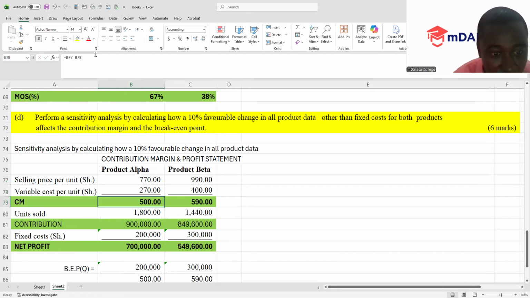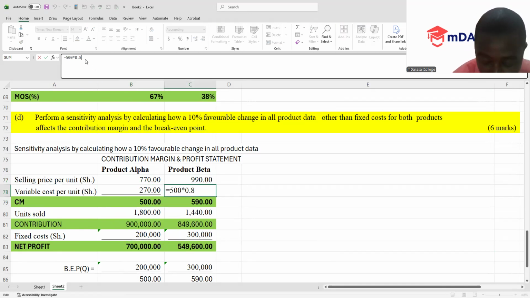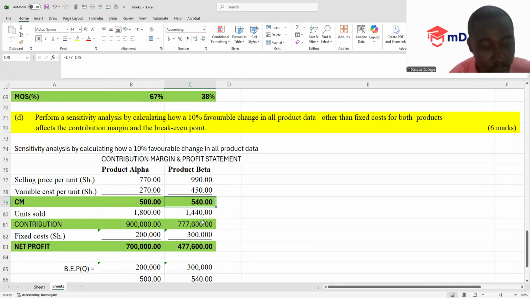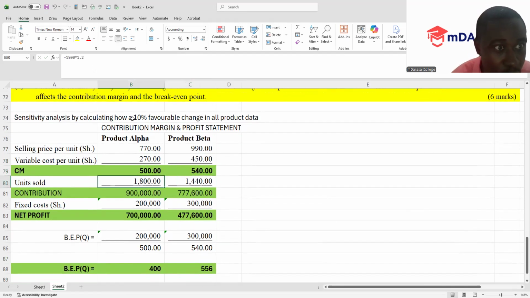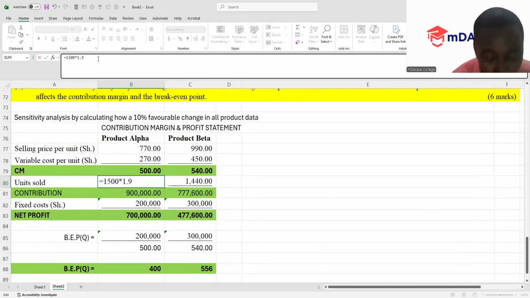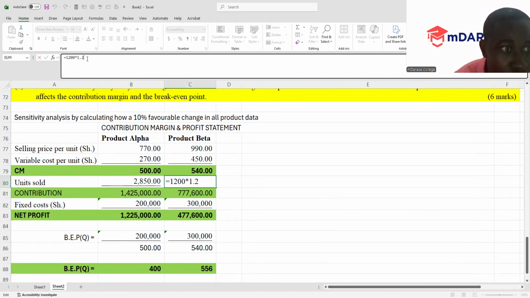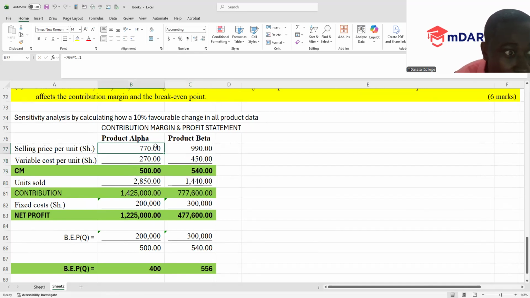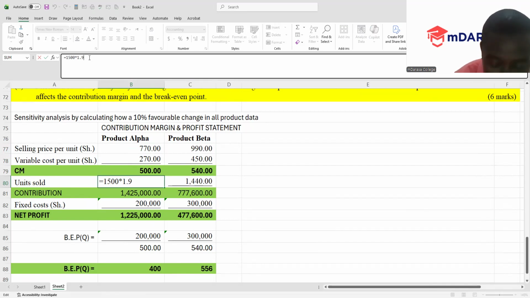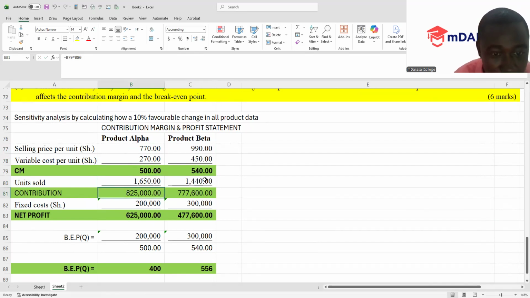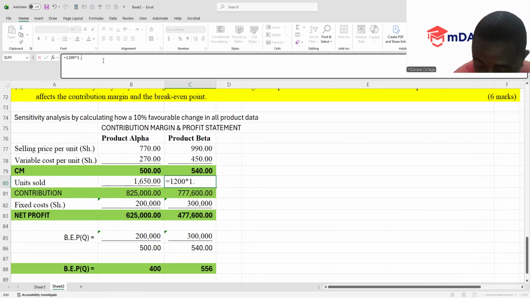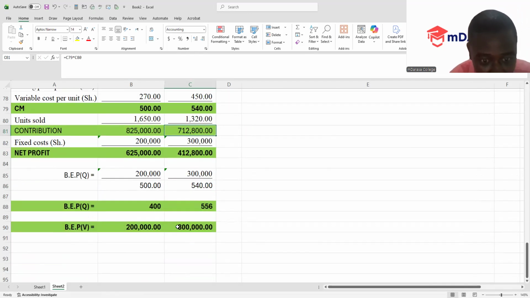So that is 0.9, this is 0.9, of course, 0.9, yeah? 0.9, 0.9, 0.1, 0.1. So 1.1 favorable. So kindly we can correct that.